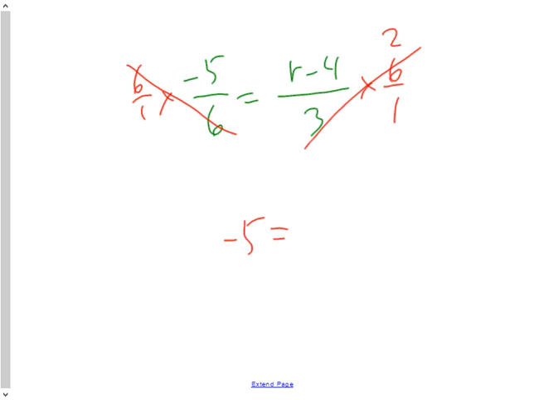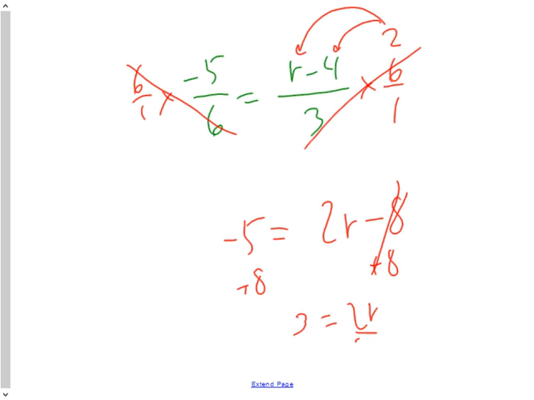Now, when you cross-reduce, notice you have a binomial multiplied by this 2, so don't forget to expand using distributive property. That'll be 2r minus 8. Add 8 to both sides. 2r equals 3. Divide by 2. And r equals 1.5.